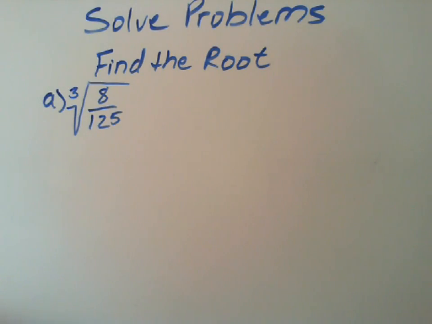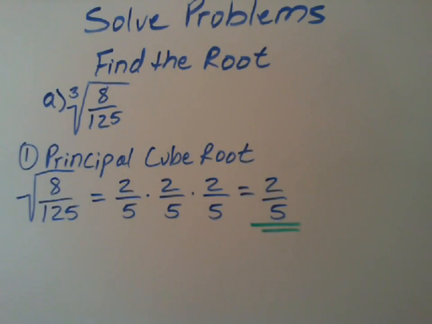Let's solve another problem. This time, let's solve a fraction. Let's find the cube root of 8 over 125. Just like in the last problem, you want to think, what number cubed would give me 8 and what number cubed would give me 125. Starting with the numerator 8, the number that cubed gives me 8 is 2, because 2 times 2 times 2 equals 8.